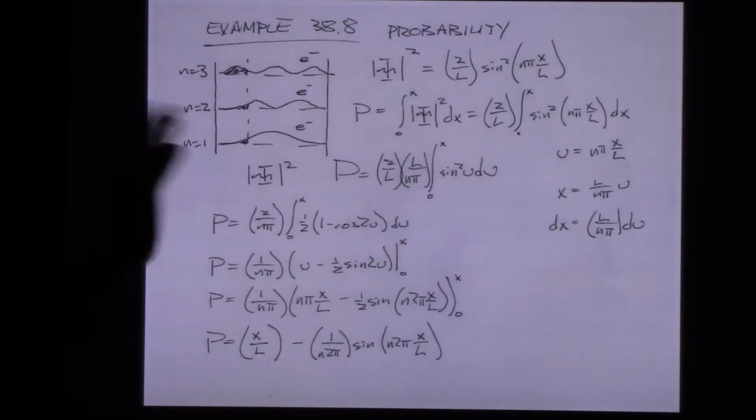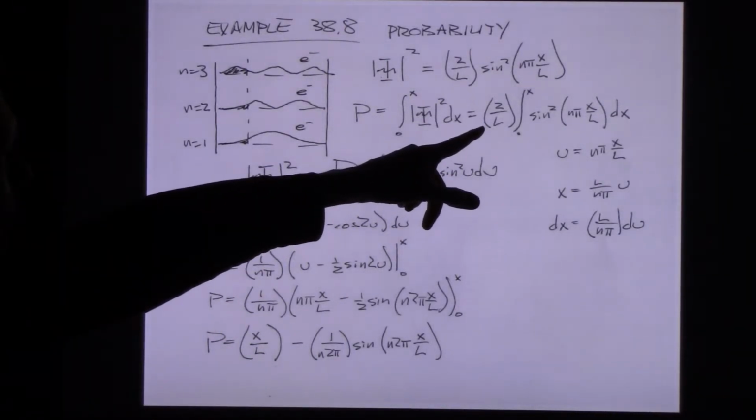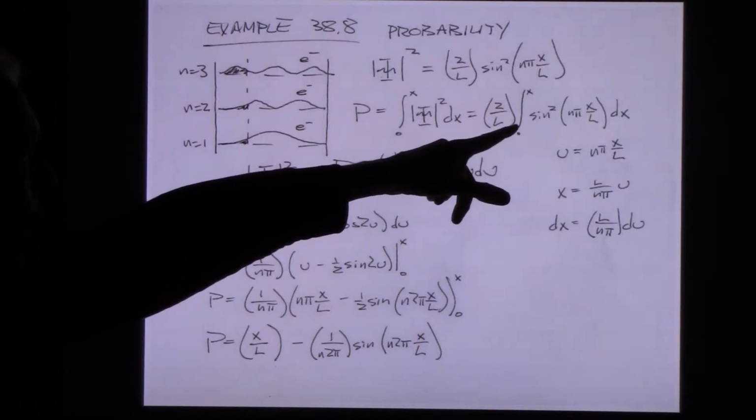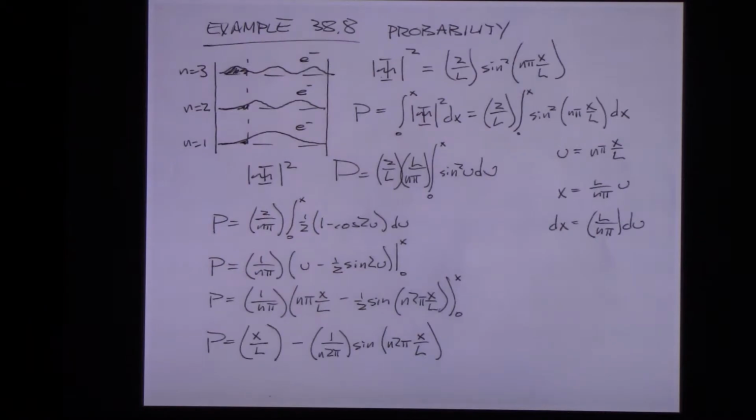We'll set that x equal to 1/4 L, but for now, let's just get a general expression. So I could go across here any amount I want. So we're really solving this much more generally than what the problem asked for. All right, so that gives me 2 over L, 0 to x, sine squared of all that stuff, dx. I'm going to make the same substitutions that we did before. So it's basically setting up the very same integral.